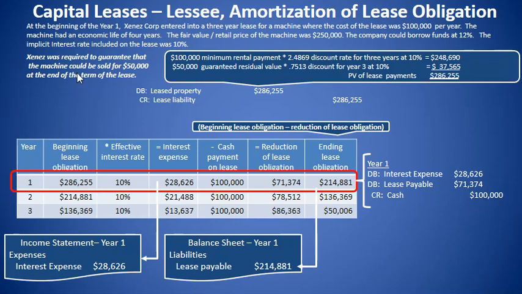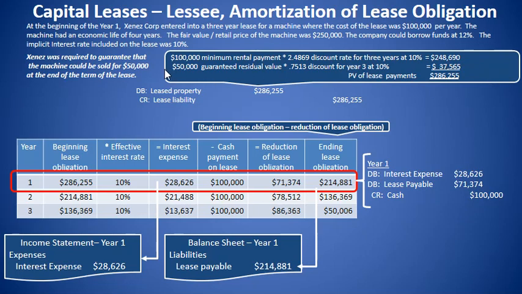And again, if you will remember, we went through present value calculations that included two components in this case. We had to calculate the present value of our $100,000 minimum rental payments, which was the present value of an annuity at 10%, and that comes out to $248,690.